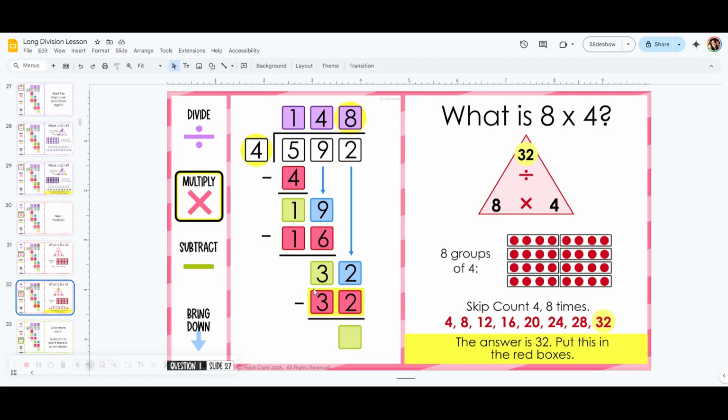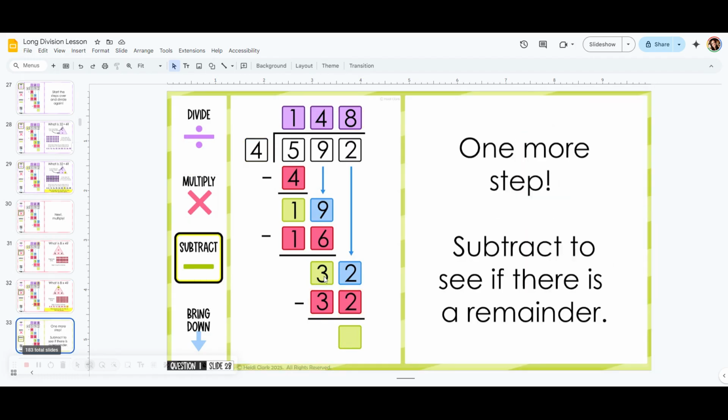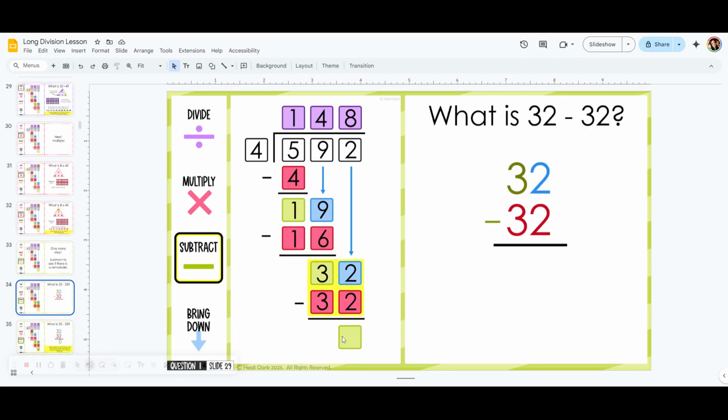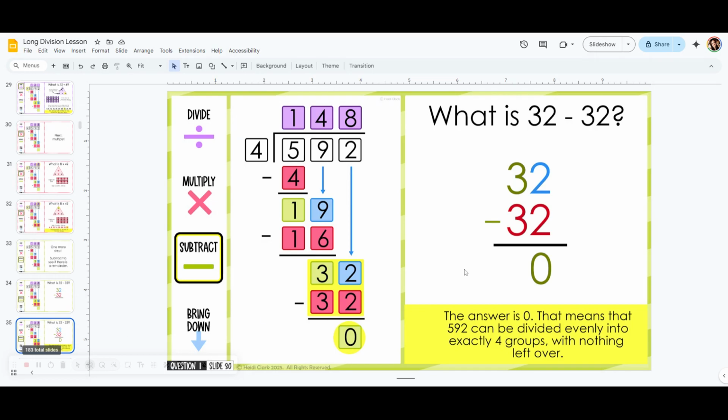And then the last step is to subtract one more time to see if there's anything left over, like we were doing before when we had leftover numbers. But in this case, we're just doing 32 minus 32, which is 0. And that just means there's nothing left over. There's no remainder. That means that 592 can be divided evenly into exactly 4 groups with nothing left over.